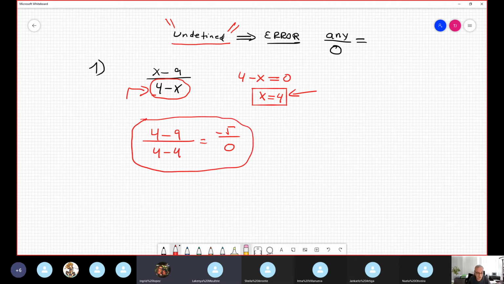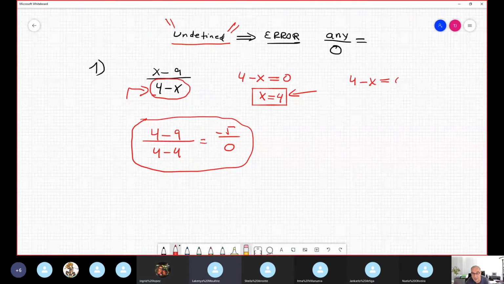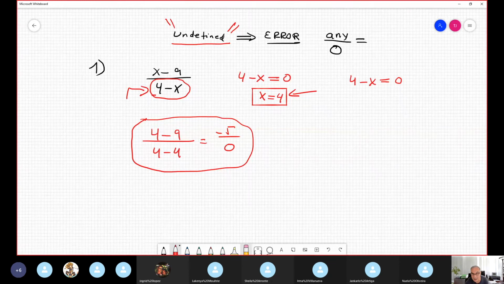Division by 0. Negative 4? Negative 4. No, no, no, no. This is not radical anymore. Okay. And a teacher, wait. Some people even ask me, okay. It's solve for x in this elementary kindergarten equation. Minus x stays here. I move 4 to the other side like a minus.